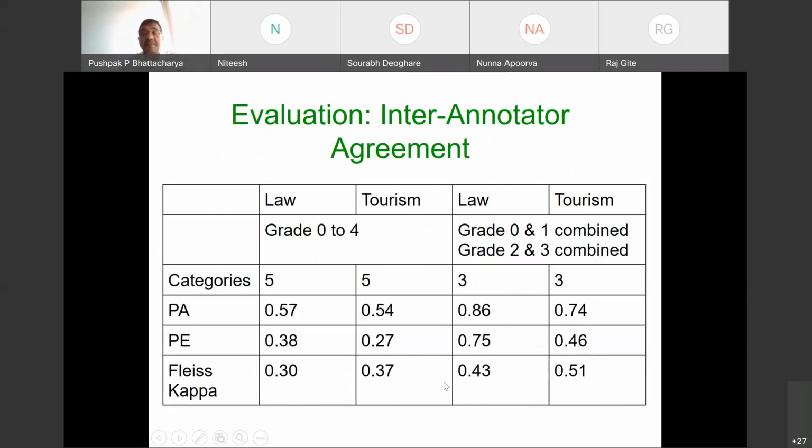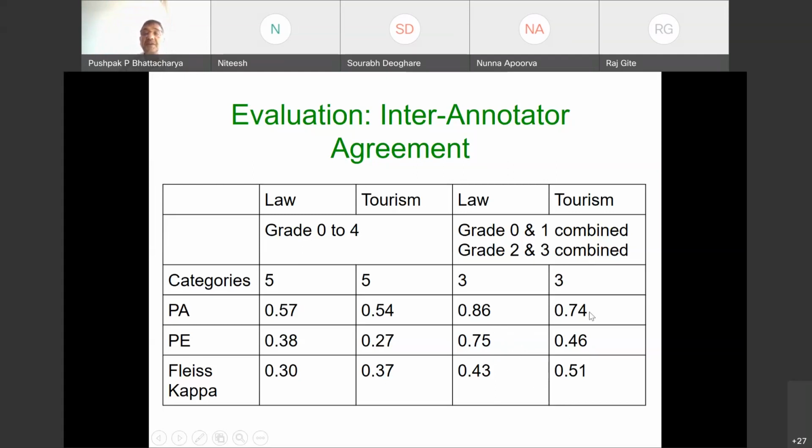So these Fleiss' Kappa scores of 0.43, 0.51, etc. are very good. Okay, in fact, 0.51 is very good. Unlike in Cohen's Kappa. In Cohen's Kappa, we begin to accept the Kappa score from 0.6 upwards. Okay, but not so for Fleiss' Kappa, that we will very soon see in terms of a qualitative table.